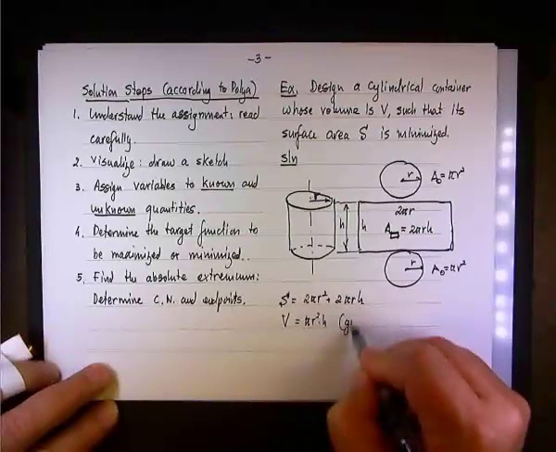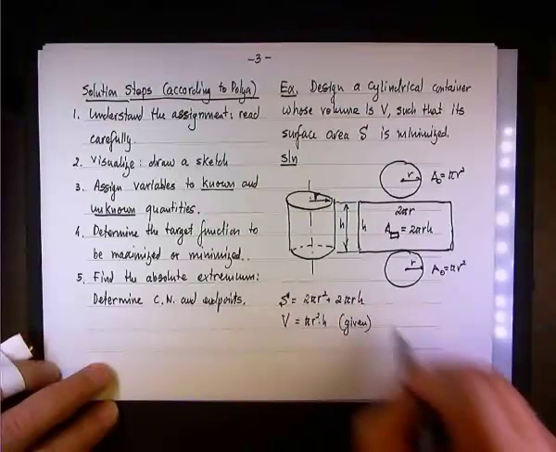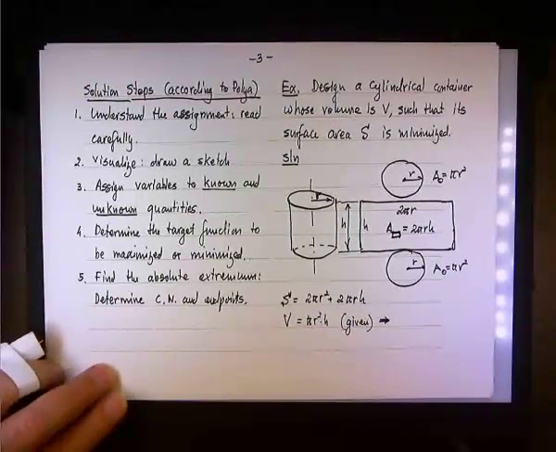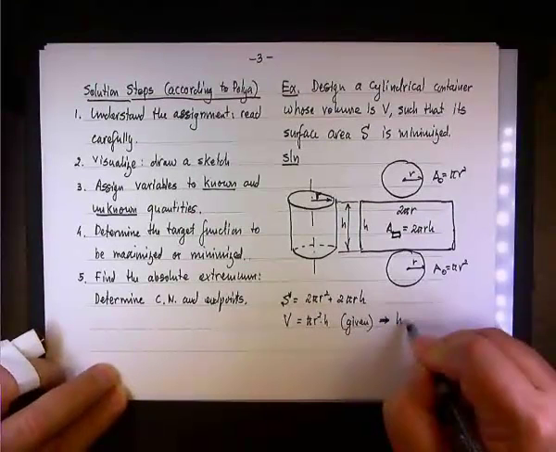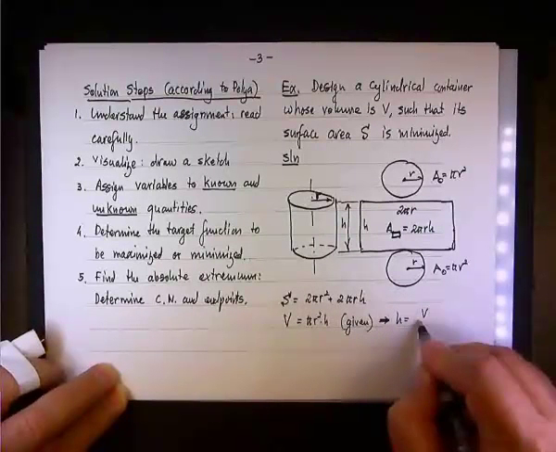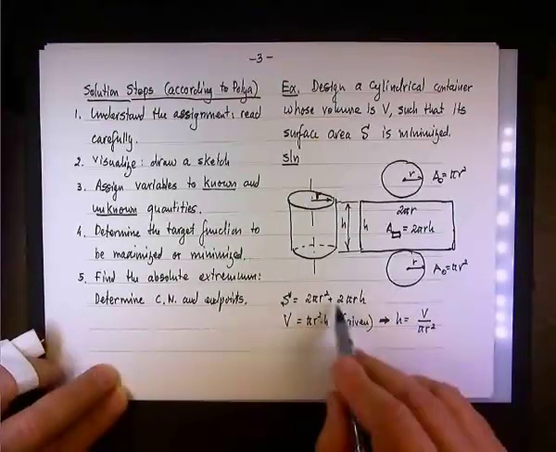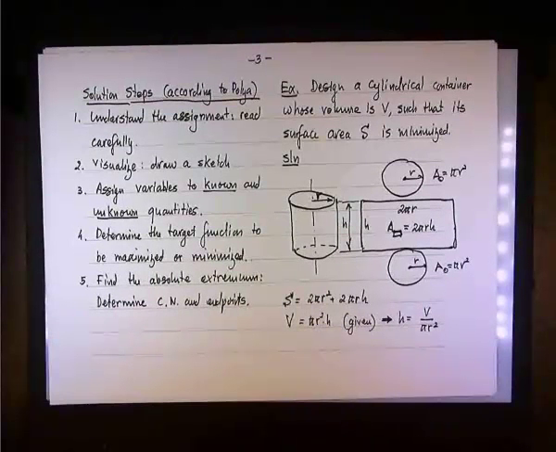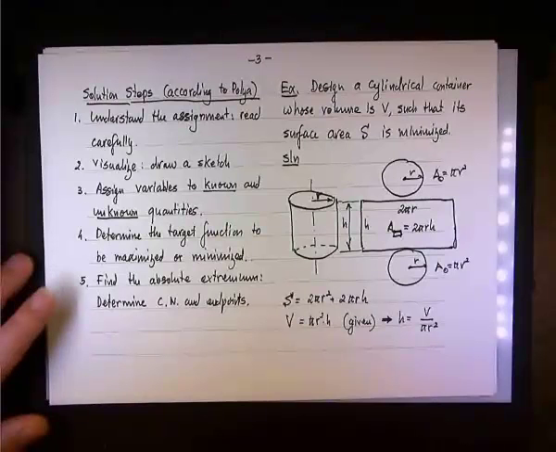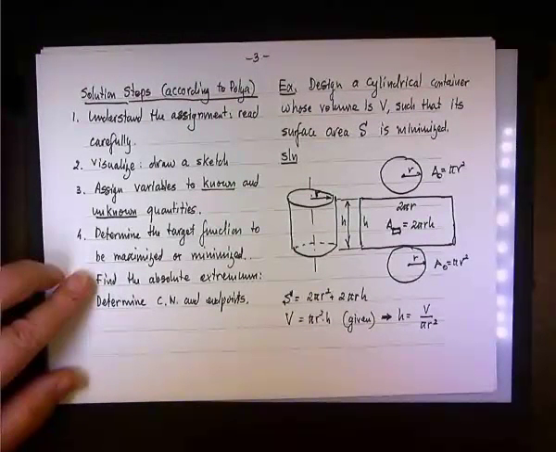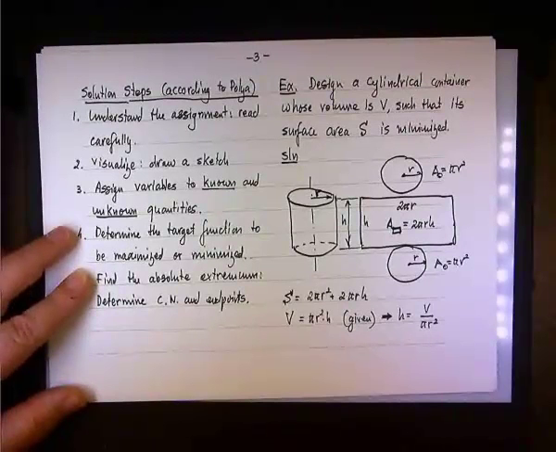And this is given. So from here, we can extract the height, right? We can say that the height is V divided by pi r squared. And now putting this here will eliminate one unknown and will keep the target function with one variable only.